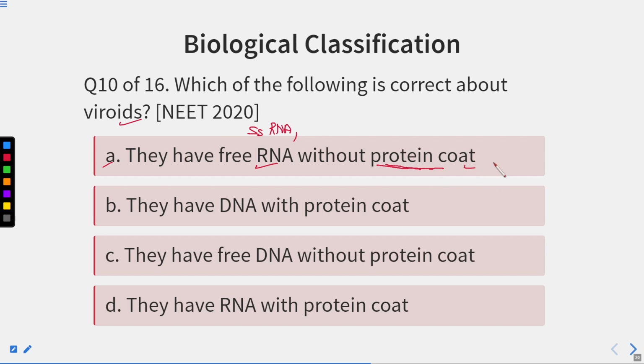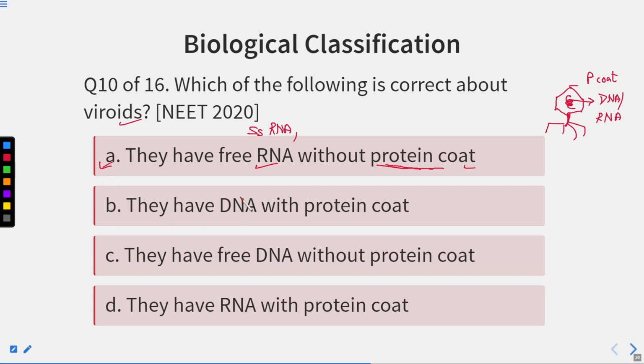This is a protein coat. Here is the genetic material, which can be DNA or RNA. This is the protein coat. This is a very rough diagram of a bacteriophage. So now we already know option A is the correct answer.